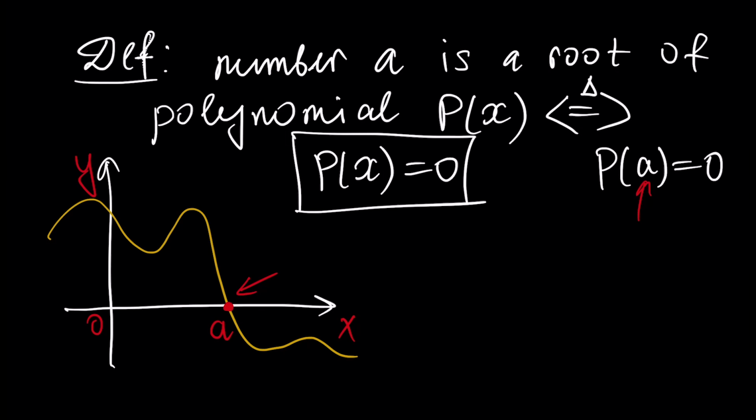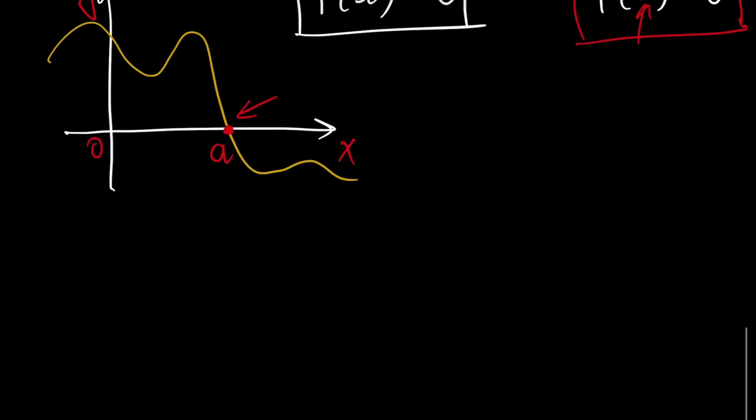That's why here number a is a root of our polynomial, because when we insert number a in our polynomial, we have 0. Very important corollary of our Bezout theorem.